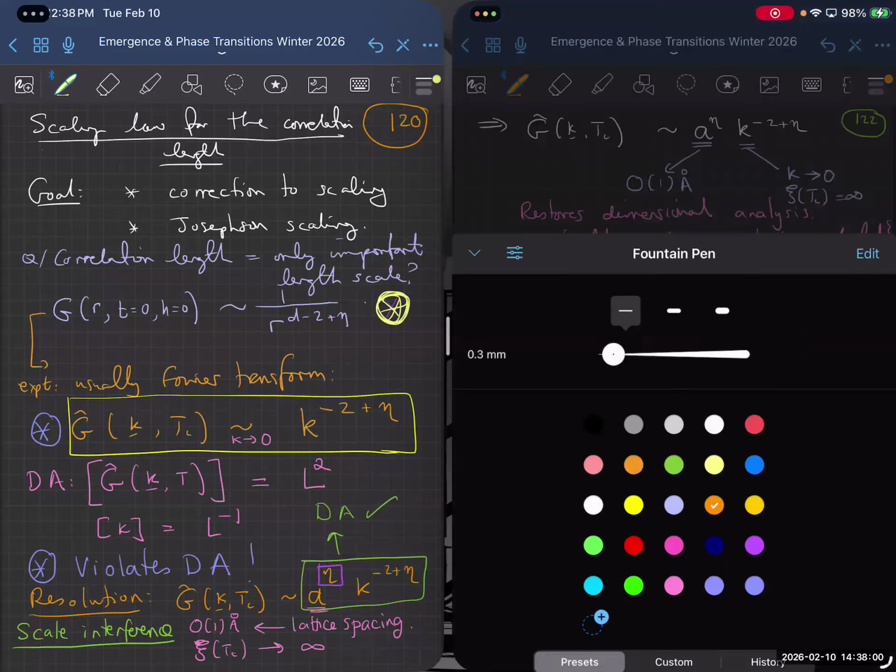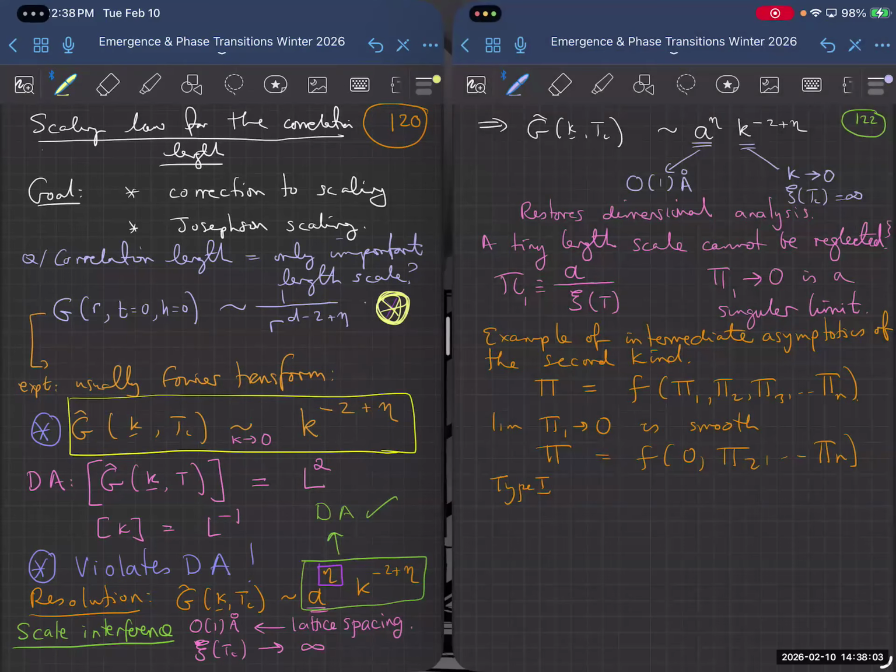And in the case that we're talking about here for type 2 asymptotics, what we said was that pi goes like pi1 to some exponent alpha 1 times a different function, let's call it f tilde, of pi2 over pi1 to some power beta 1, all the way up to pi n over pi1 to the power beta n, like that.